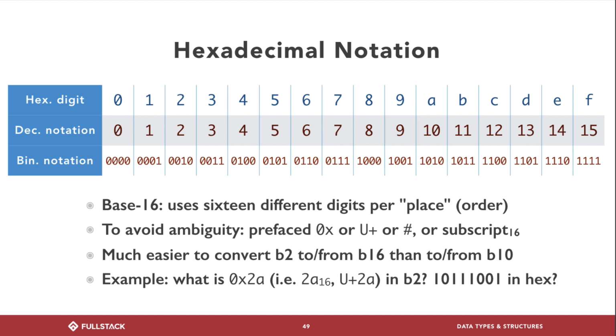If somebody tells me, oh, it's at memory address 5BE, I can tell you, oh, that's binary 0101 1011 1110. I said 5BE, right? I hope so. And if somebody tells me, oh, it's at memory address 1001 1000, I could say, ah, that's hexadecimal 98. And all I have to do is look at this table and go back and forth between the representations. Very convenient.